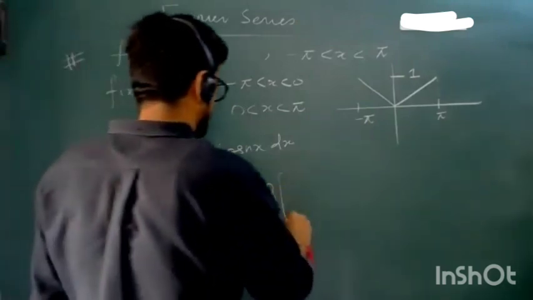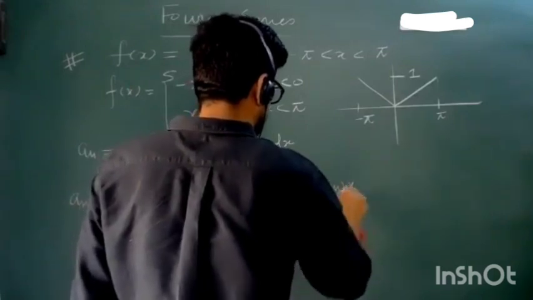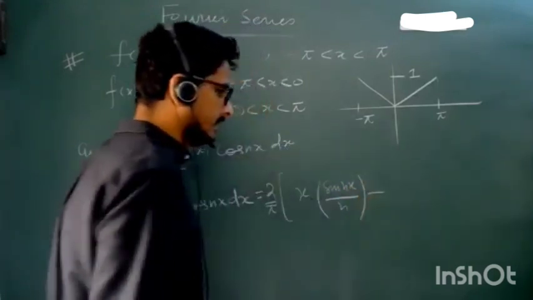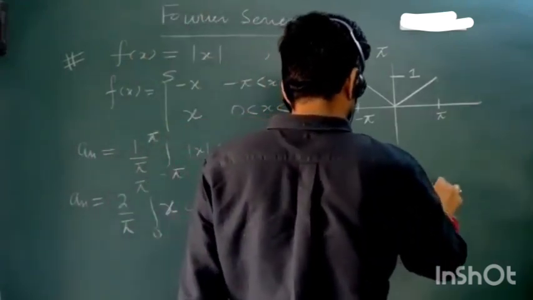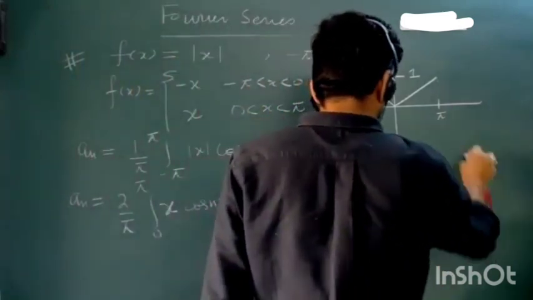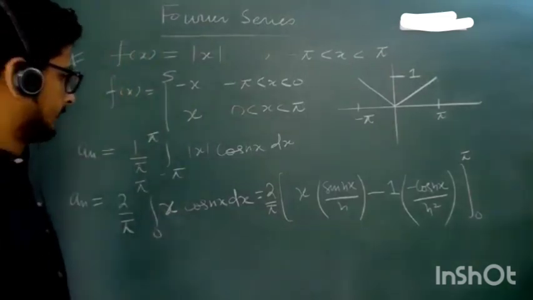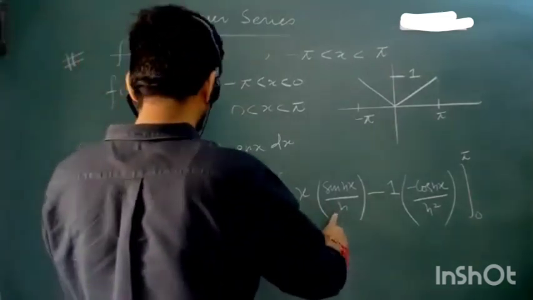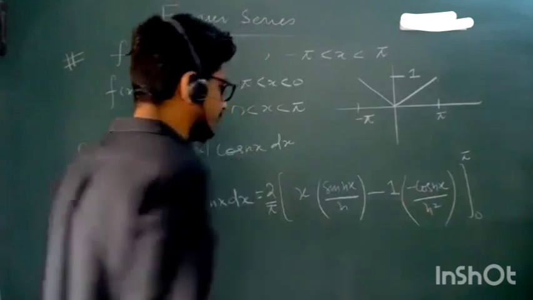Now what is the 2/π? Integrate this. First function times integration of second, minus derivative of first function times integration of second, and limit 0 to π. So this is the UV method. First function integration of second, and minus derivative of this and integration of this, correct?